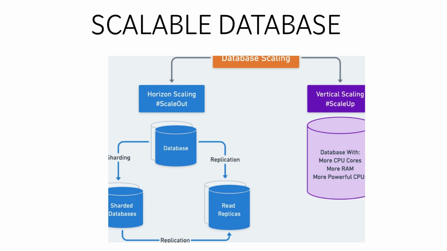Traditional databases like MySQL work great for smaller systems. But once you are dealing with millions of users, you might need NoSQL databases like MongoDB or Cassandra that scale horizontally, and that is across multiple servers.